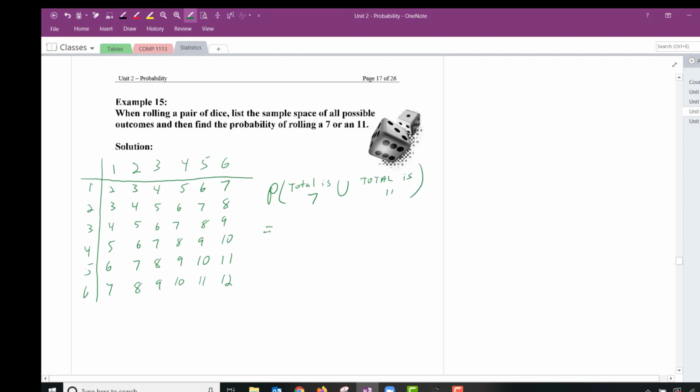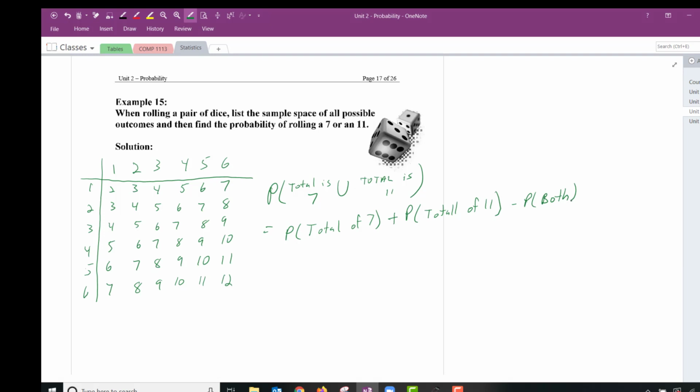If we used our formula, it's the probability of getting a total of 7 plus the probability of getting a total of 11 minus the probability of getting both, a total of 7 and 11 at the same time.